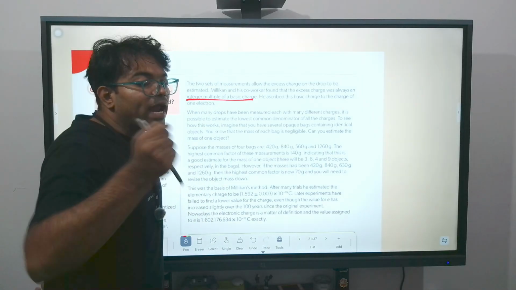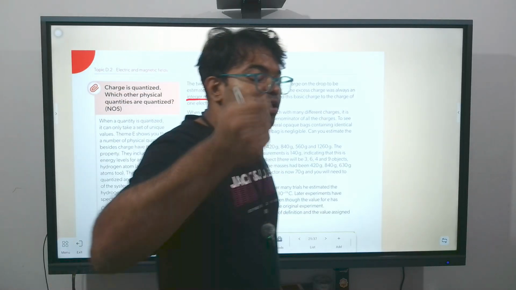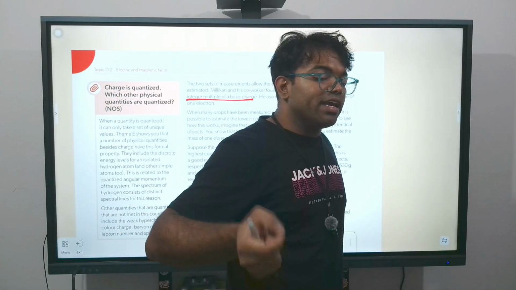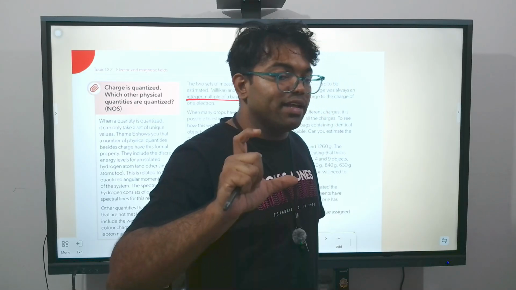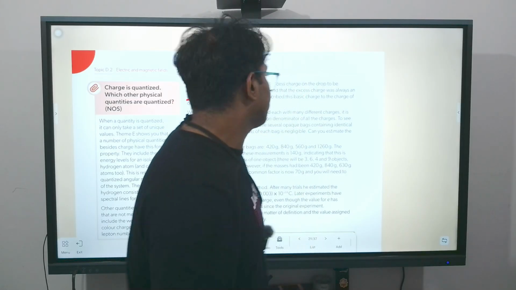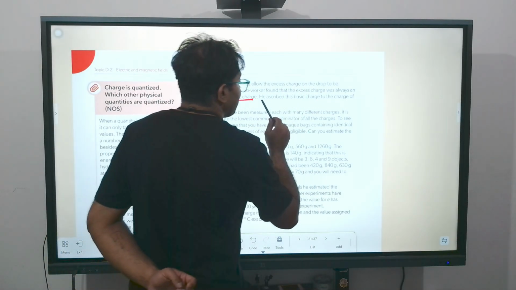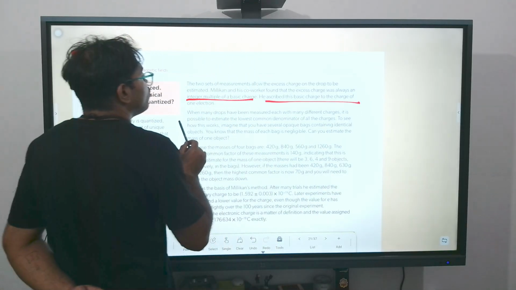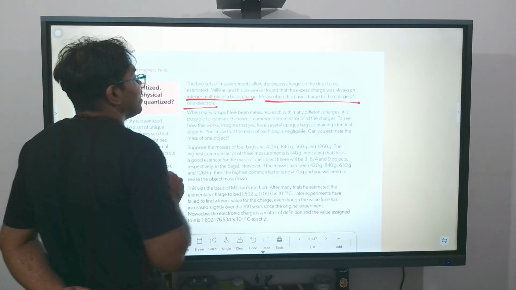And when they figured out what that value was, they said that this value is equal to the charge of the electron. So he ascribed the basic charge to the charge of one electron.